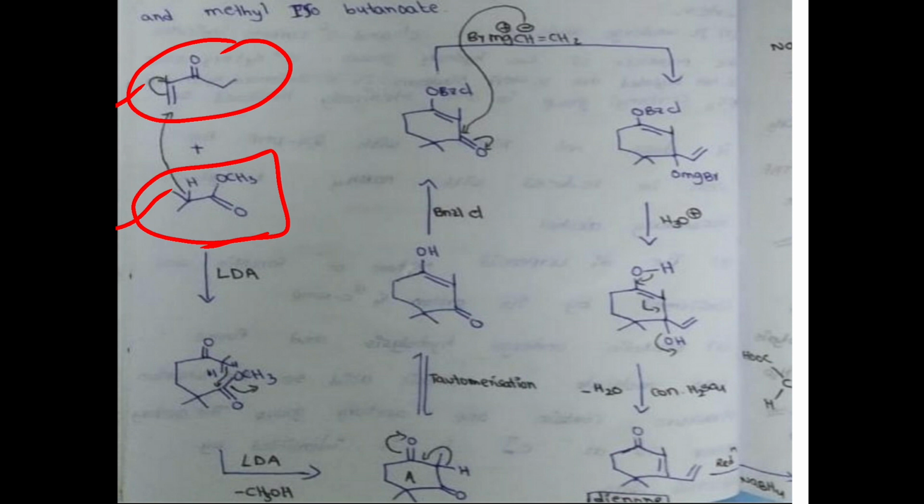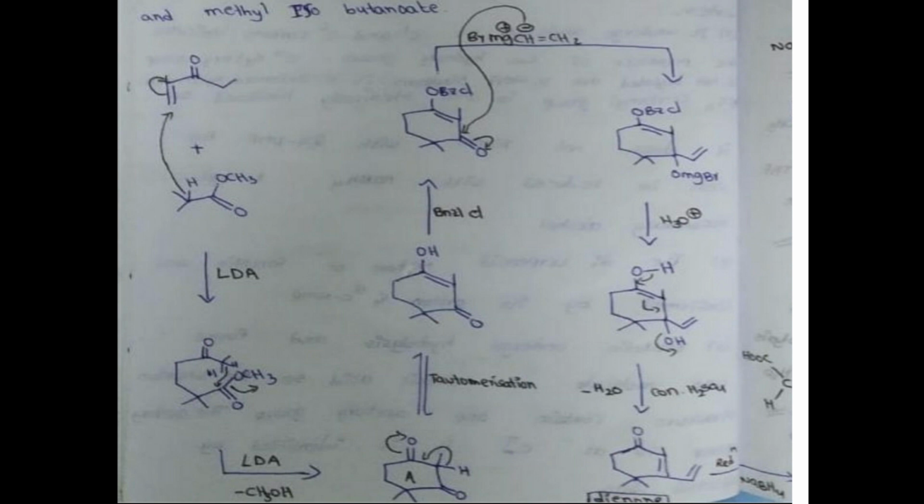When these two are condensed with LDA, lithium diisopropylamide, which is a base, it abstracts an acidic proton from methyl isobutanoate and forms a carbanion.